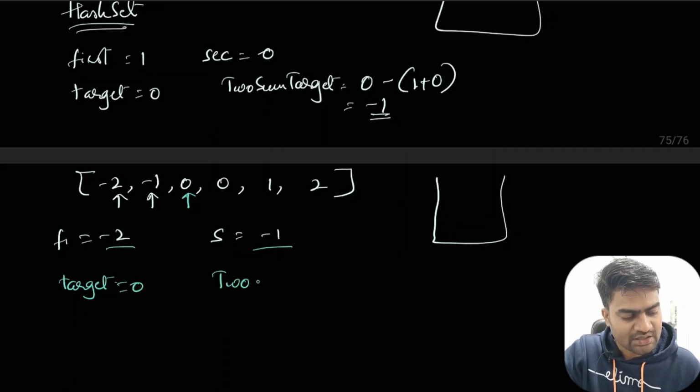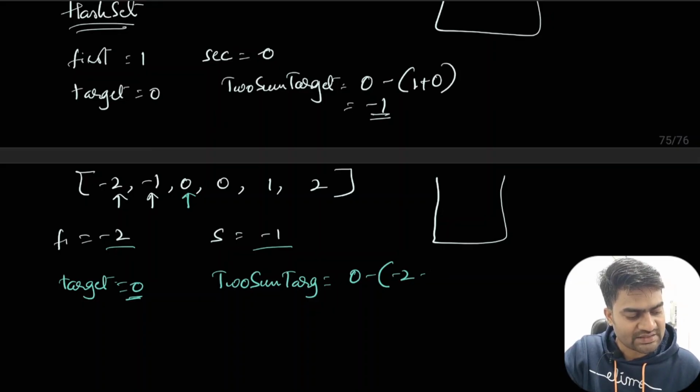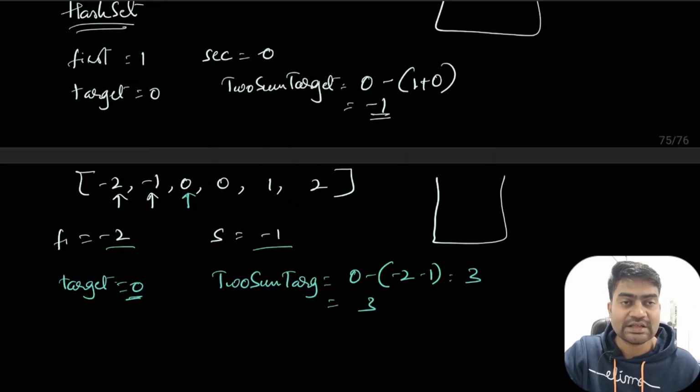Then our two sum target will be 0 minus (-2 plus -1), so that will be 3. So if we get a combination of two numbers which gives the sum 3, then we found quadruplets.